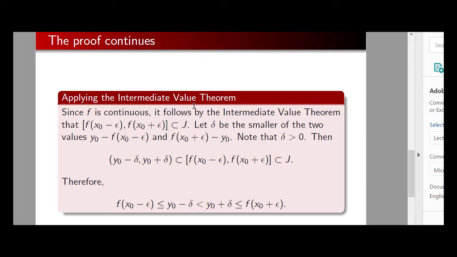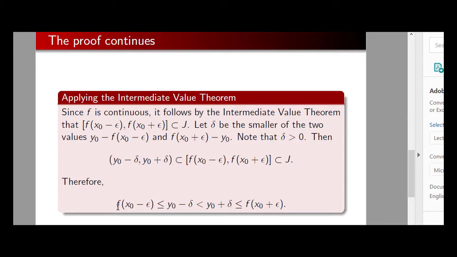Okay, and so delta is greater than 0, and so we have now that this interval from y naught minus delta to y naught plus delta is contained in this interval from f of x naught minus epsilon to f of x naught plus epsilon, and that is contained in J. Okay, so we have this inequality just flowing through so that this smaller interval will be contained in J. And so we just accidentally proved that J is open, by the way.